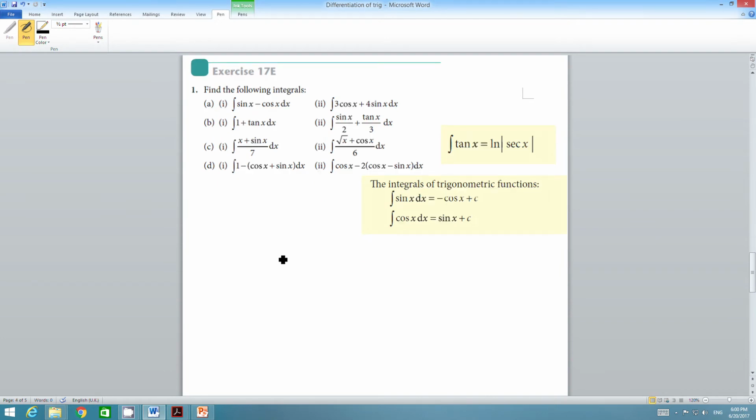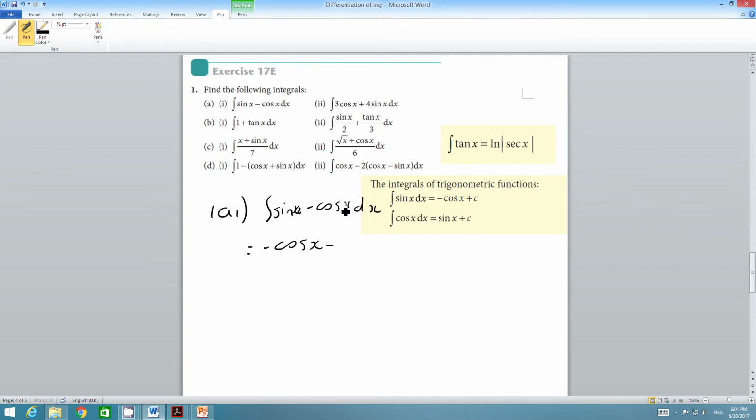Exercise 17E. Let's take a look here. So I'm going to start with 1A, part 1. Let's start simple. So they're telling us the integral of sine of x minus cosine of x dx. Now we can see here that the integral of sine of x is negative cosine of x. So I'm going to write negative cosine of x minus cosine of x.